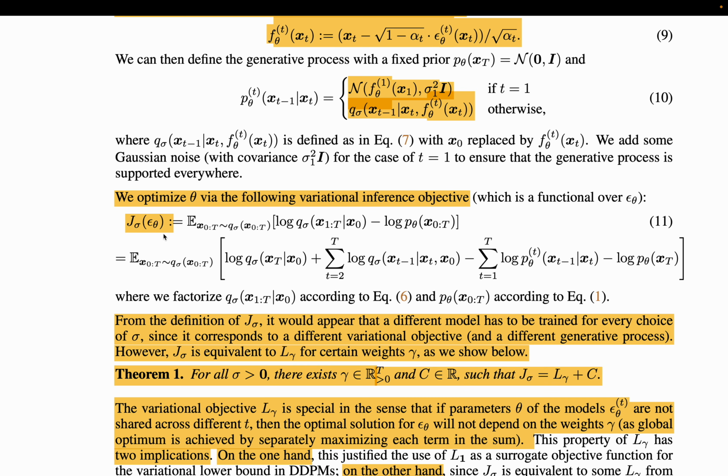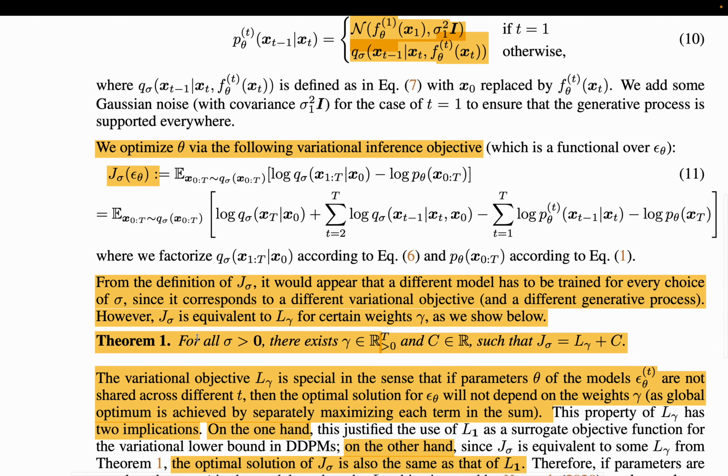It would seem that for every sigma you choose, you need to retrain a new model. And this objective is also different from L gamma.